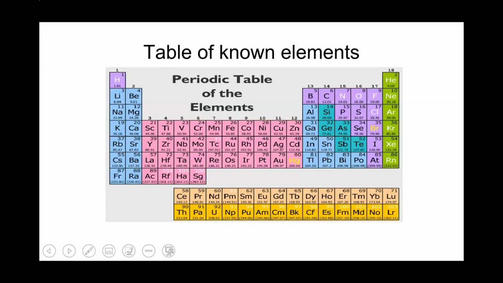Now, of all of these 98 or so naturally occurring elements, 99.5% of the human body is made of just 4 of them: hydrogen, carbon, nitrogen, and oxygen. The other 0.5% of your body is made of a collection of other elements that exist in very small quantities.